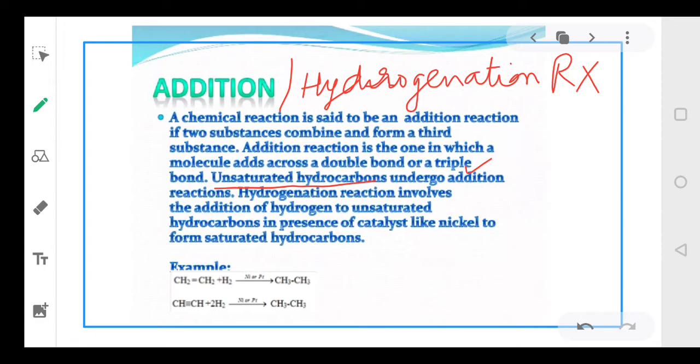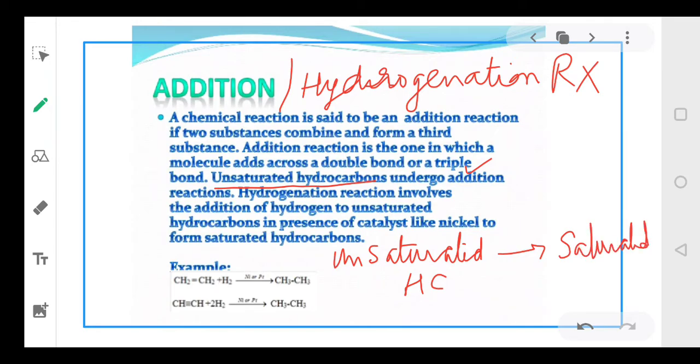ठीक है, तो हम इसका general reaction लिख लेते हैं. Unsaturated hydrocarbons undergo the hydrogenation or addition reaction and form a saturated compound. So unsaturated hydrocarbons in the presence of hydrogen or nickel form a saturated compound.